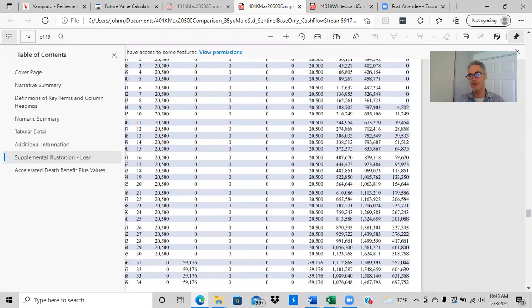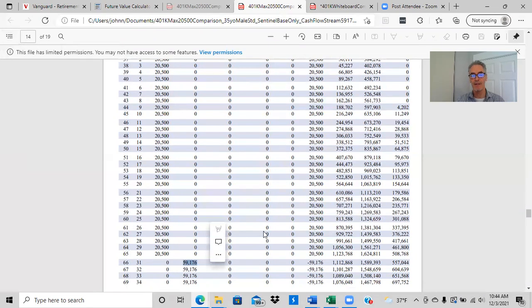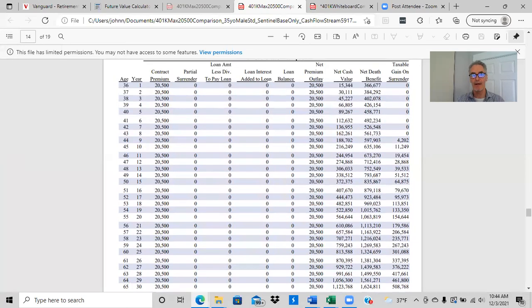Now, just so you know what that column is where it says 59,176, let me highlight that. Let me show you what that is. It's a partial surrender. That means that you're taking this money out and you're streaming it initially out as what they call cost basis, which means every dollar that you've put in.